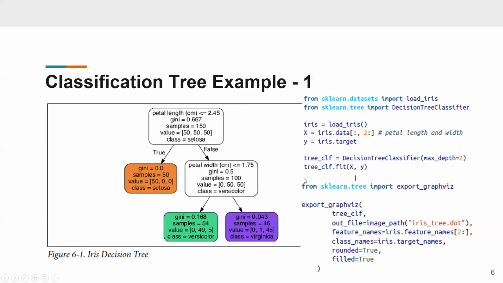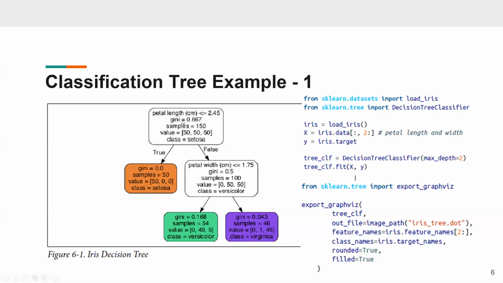Once we do that, we already have a decision tree model, and we can leverage export_graphviz to look at the Iris decision tree. In this decision tree, let's look at the details of the numbers.